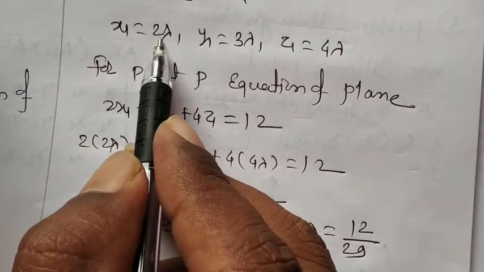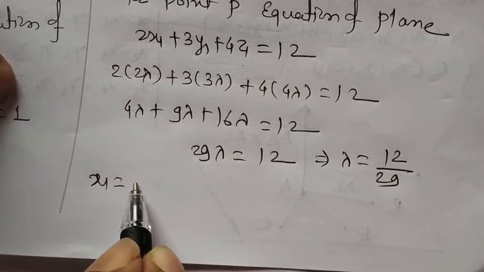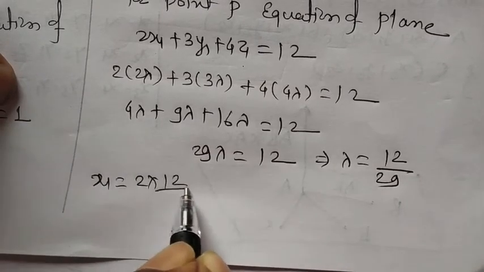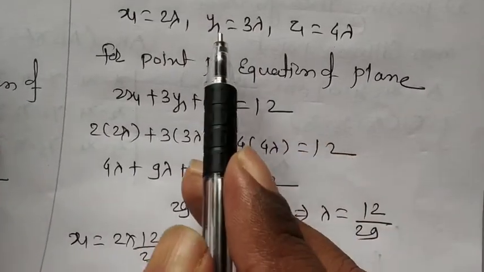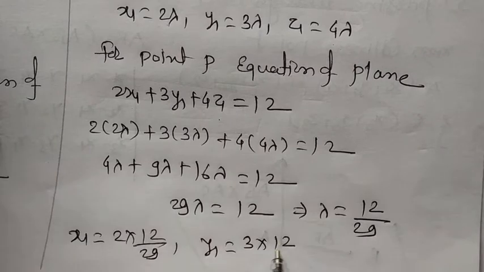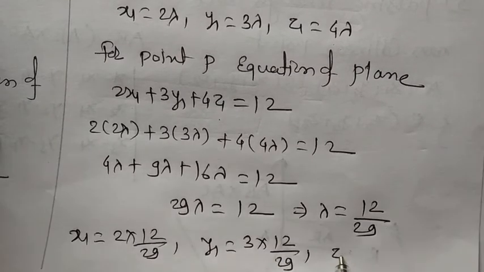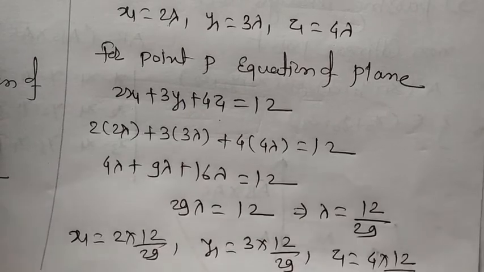Then the point x1 is equal to 2 lambda, means 2 into 12 by 29. y1 is equal to 3 lambda, then 3 into 12 by 29. And z1 is 4 into 12 by 29.